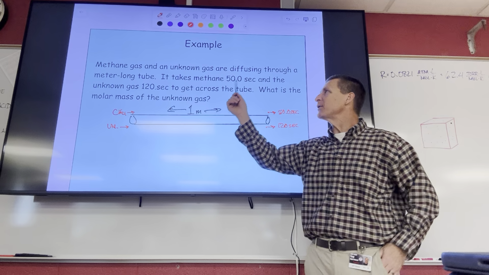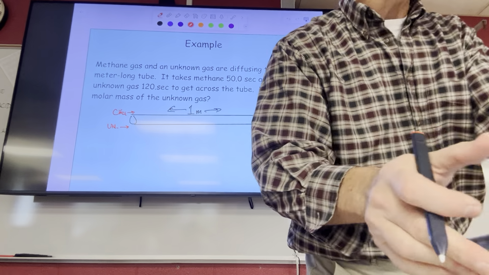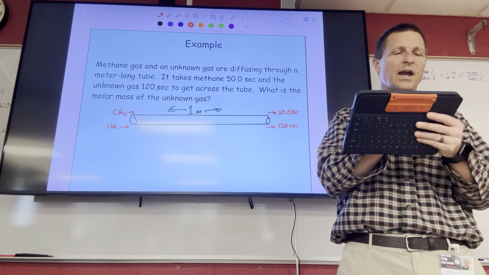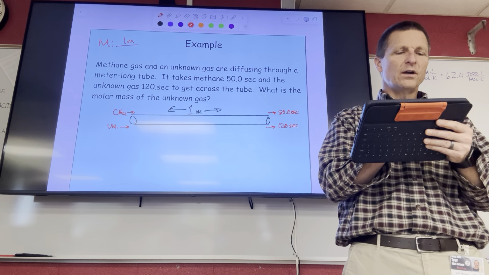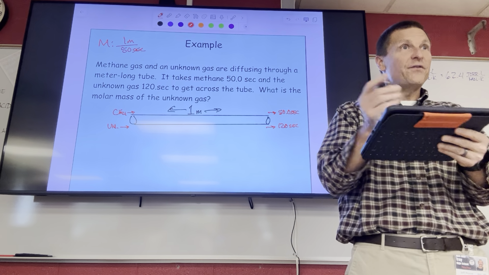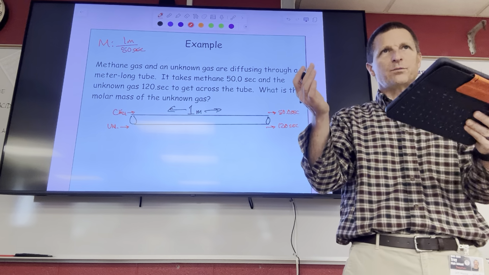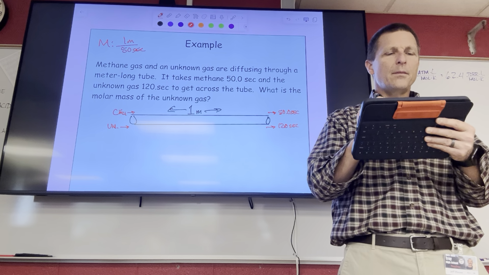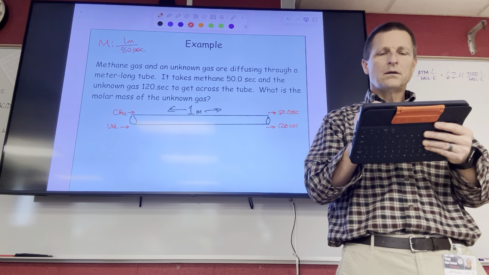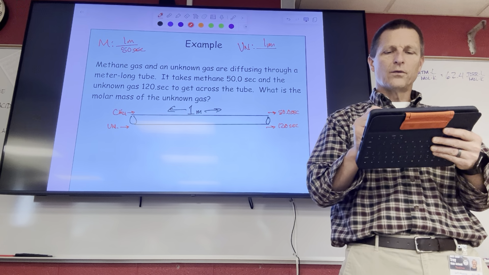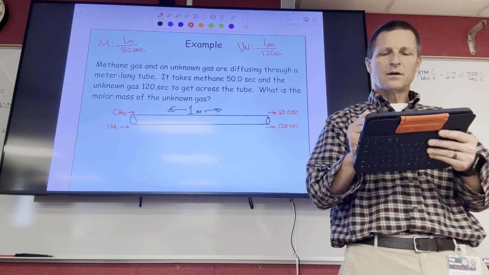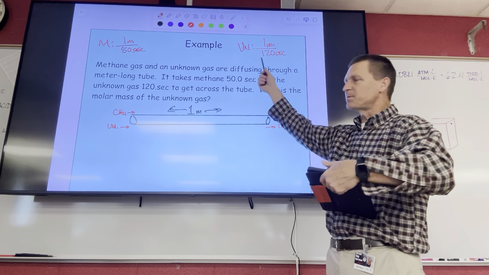If you're given time, now in this case, you could have actually calculated the rate of both of them. You could say, okay, the methane is 1 meter over 50 seconds, and actually find the rate. 1 divided by 50 is 0.02. And then the unknown was 1 meter over 120 seconds, and find the rate. And you can just plug in the rates.